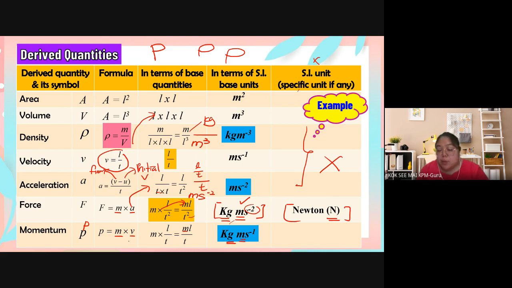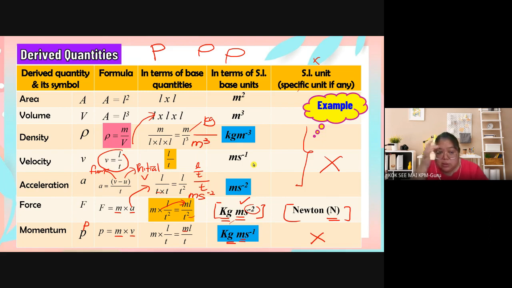So this one is the momentum. Momentum also doesn't have any specific unit. So look carefully: momentum is kg ms -1. For the force, kg ms -2. Acceleration ms -2, velocity ms -1.